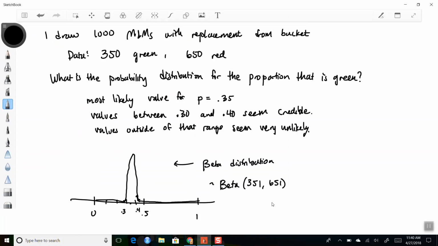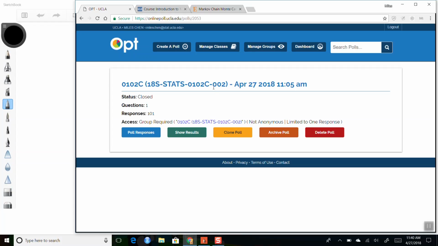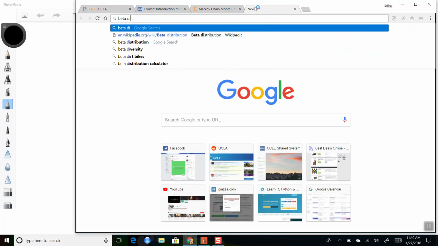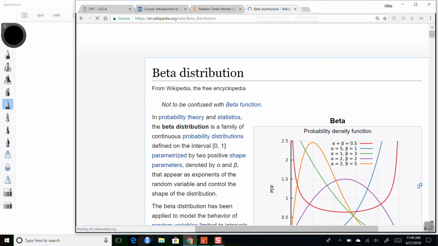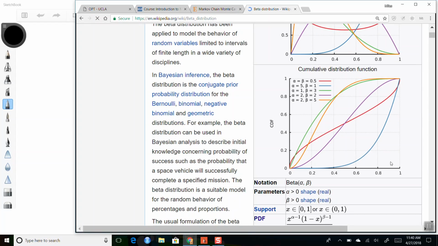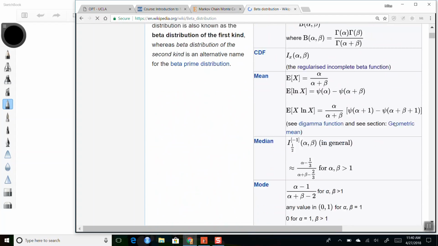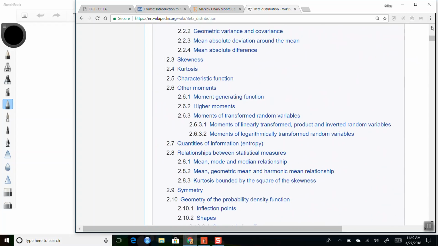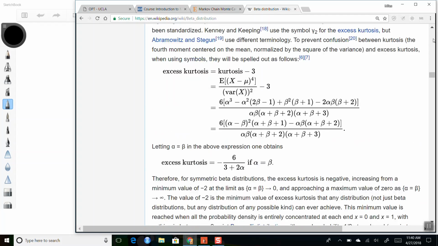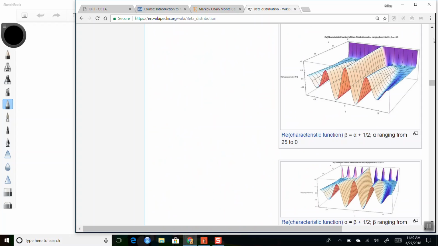Let's take a look at what the beta PDF looks like, okay? So we're going to look at the density function, and the density function looks scarier than what it really is. So I go to Wikipedia and I say, what is the beta distribution?